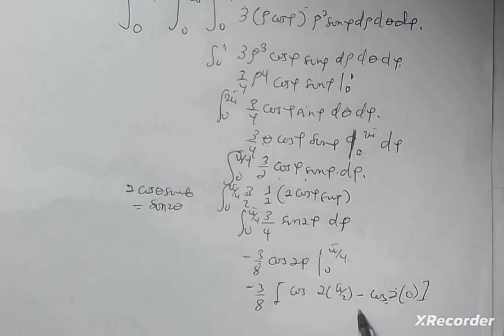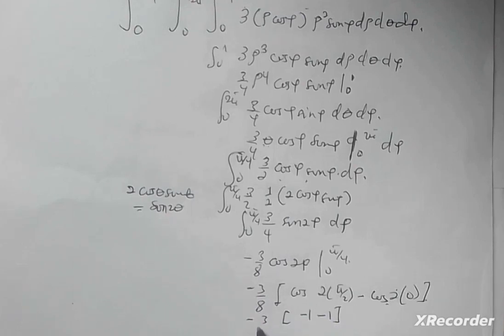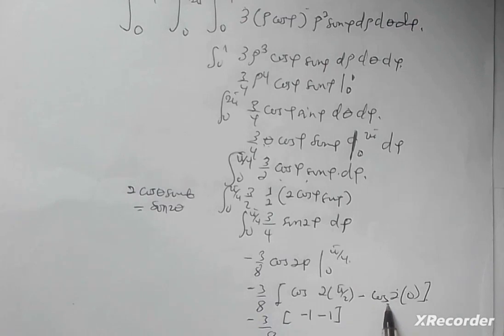Realize that this will give us what? 1 here, that is cos 0 is 1, then cos 180 is negative 1. I'm going to have negative 1 minus 1, right? Then minus 3 on 8 here. So negative 1 then minus 1 here is giving me negative 2 multiplying.